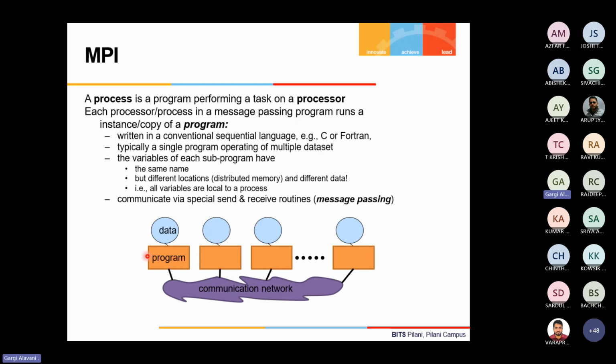The way communication is done in message passing is that you communicate using messages. So you need special send and receive routines, which will send a message from one processor to another, or from the master node to the slaves, and the receive will have to receive the message on the other end. We'll see what kind of functions are available in MPI.